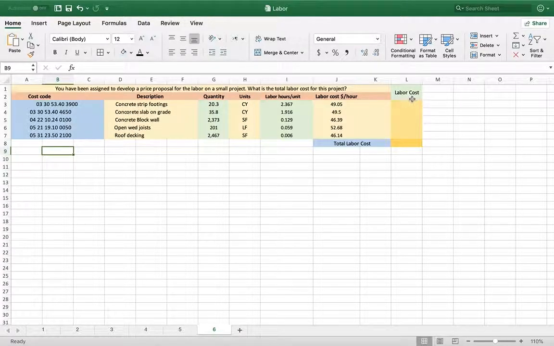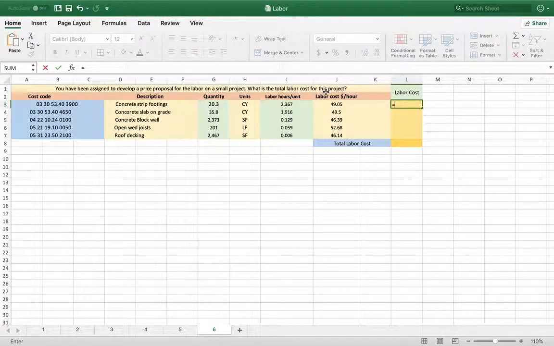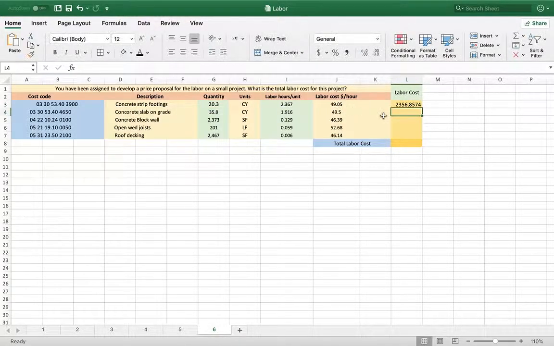So first we need to find labor cost for each one. So to find for each one, we need to multiply the quantity with labor hours per unit and multiply it by labor cost dollar per hour. And we're gonna do the same thing for each.